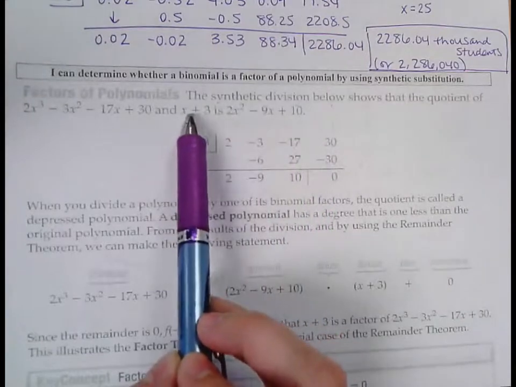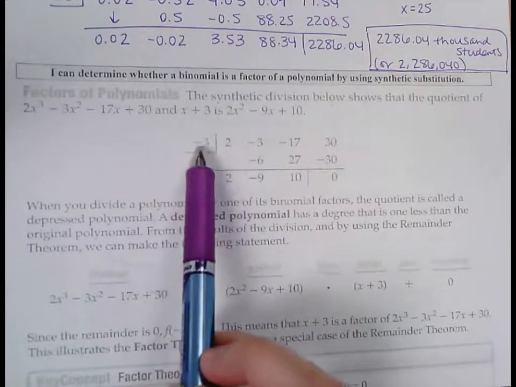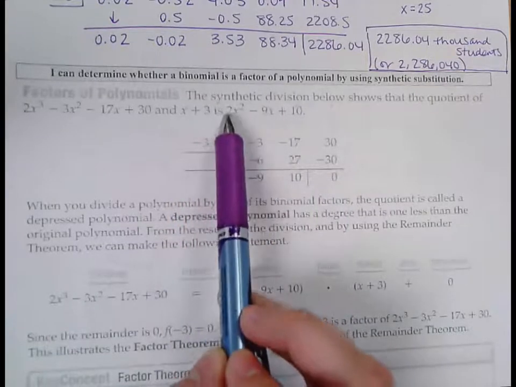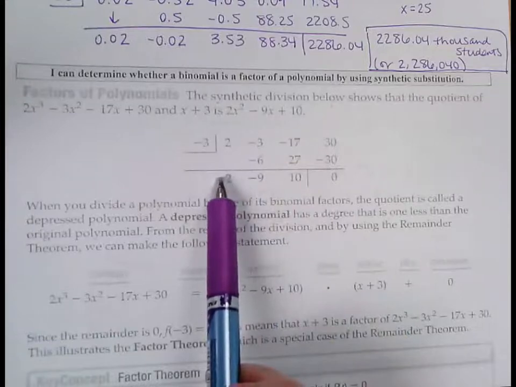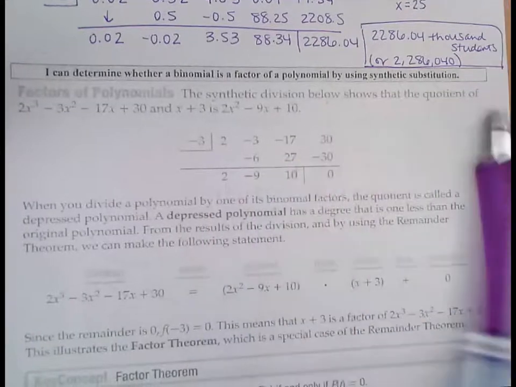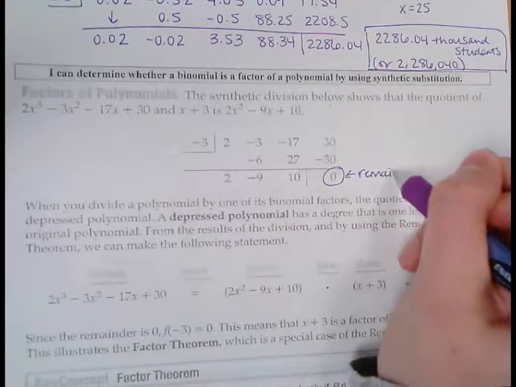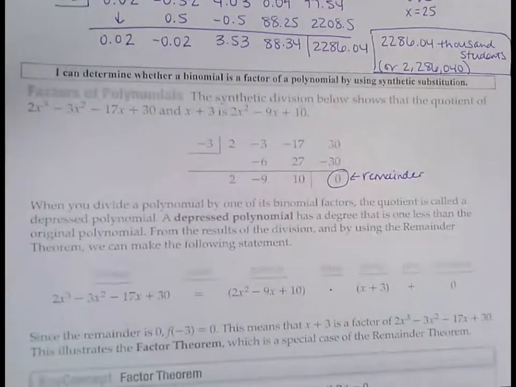And x plus 3, they're dividing by x plus 3, so the r value is negative 3. And then it shows the work for that, and it shows what the quotient is. So you see the coefficients of the quotient, the remainder is 0. And so the quotient is just the 2x squared minus 9x plus 10.